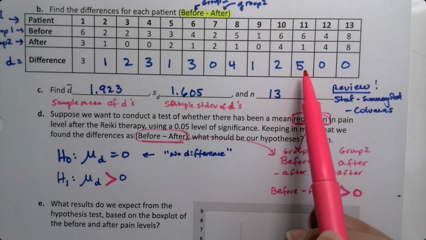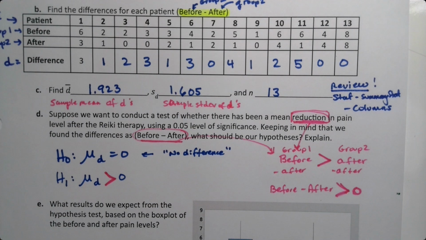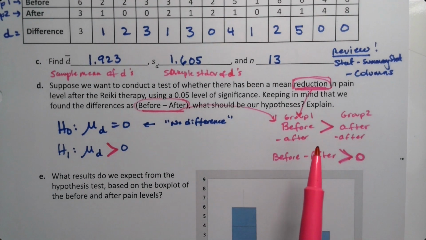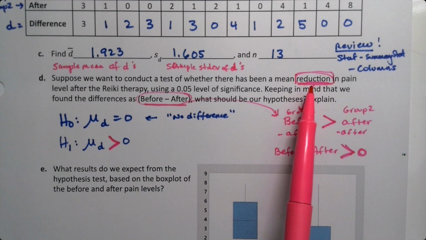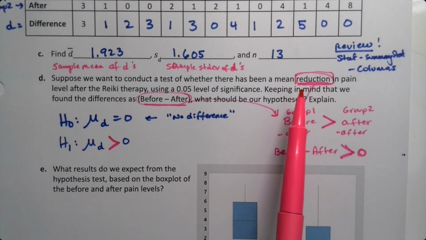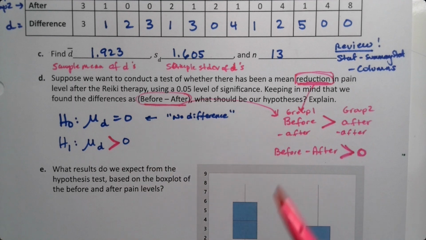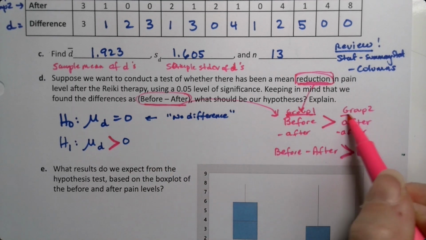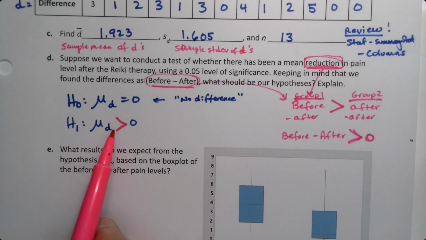You end up with positive 5, bigger than 0. So that's a little weird. In chapter 10, we kind of saw reducing means smaller, so it would make it less than. But in chapter 11, you have to be careful of that because it matters which group was in front. Since group 1 is before and group 2 is after, reduction in this case will mean this direction.